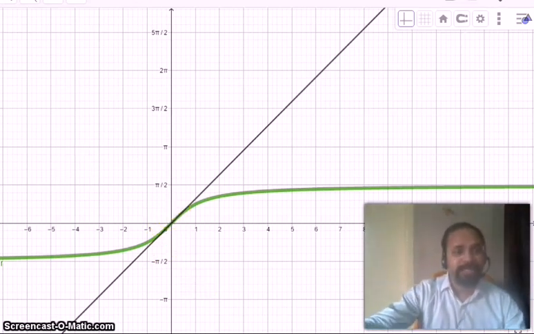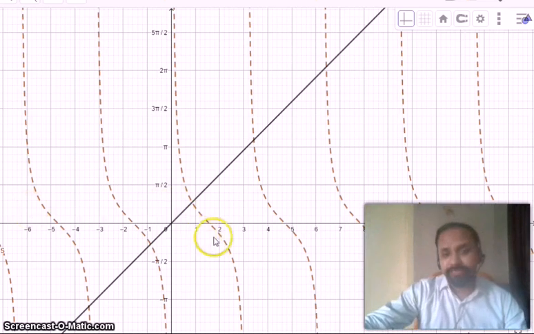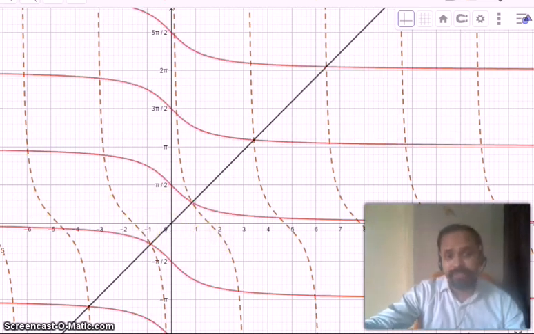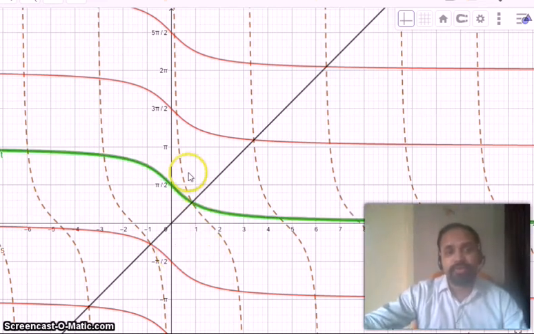Okay, next similarly come to cot. In each and every inverse function we have the same funda. Okay, if we have the graph of cot, and if we want to draw the reflection of this one, it will be like this one. And please see, 0 to pi, pi to 2 pi, 2 pi to 3 pi, in all the intervals cot inverse x is defined. And if we take the principal branch value, then it will be from 0 to pi.